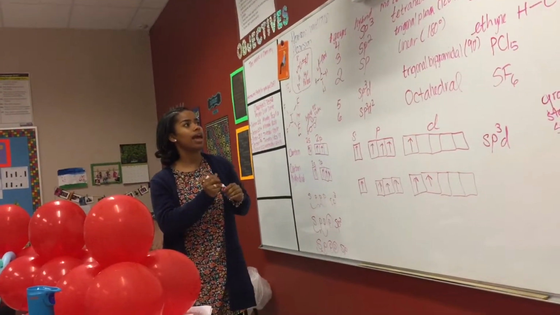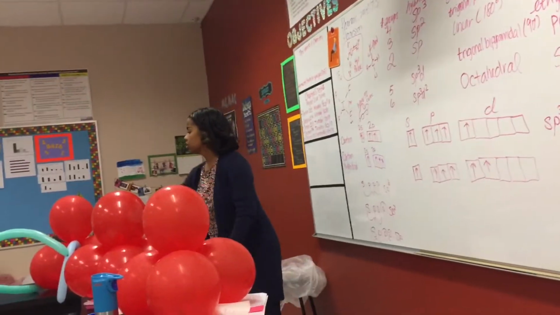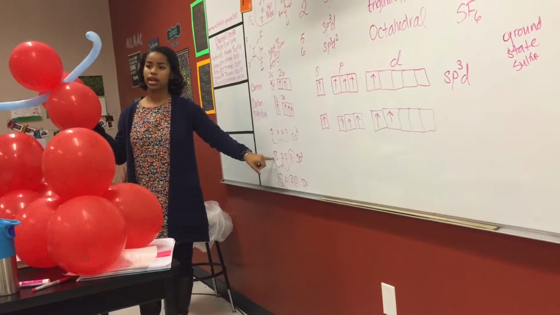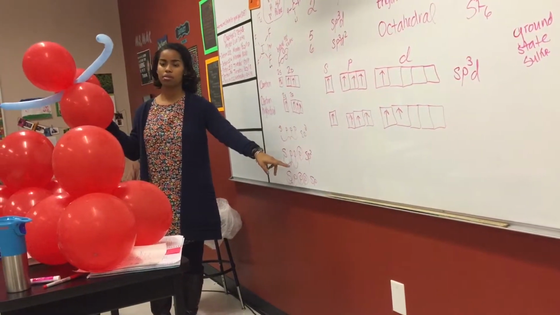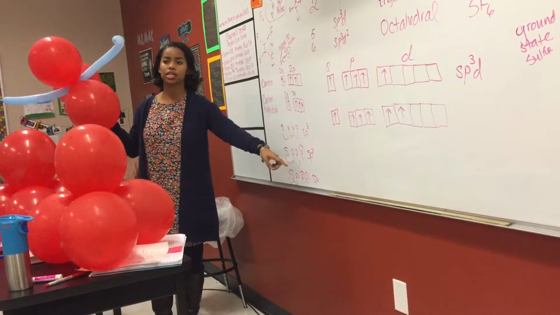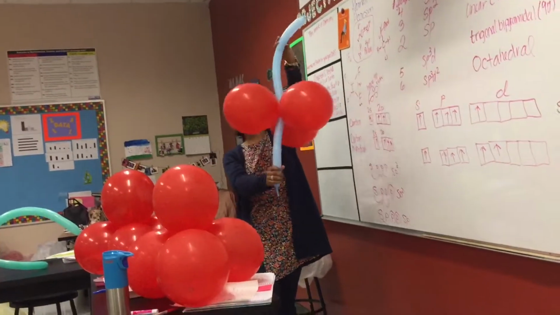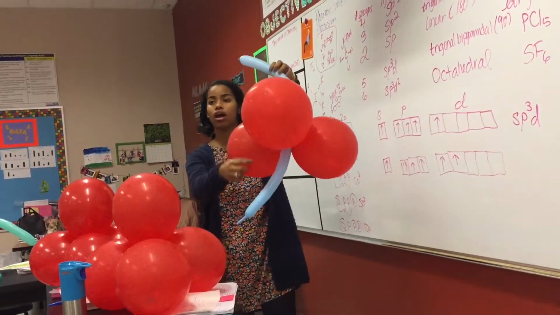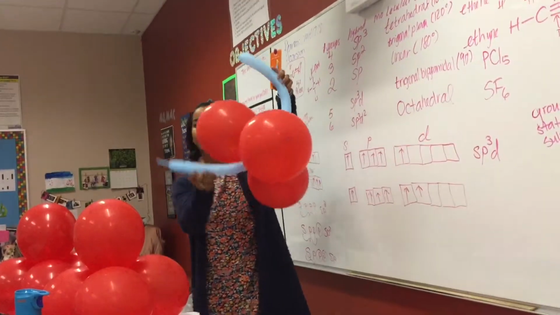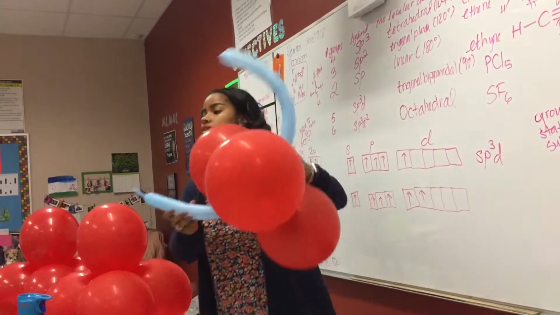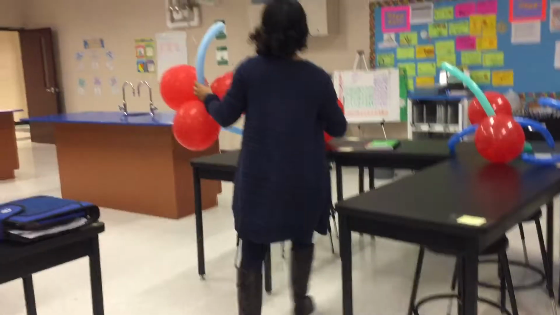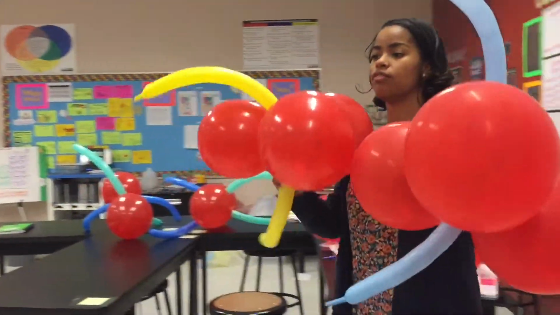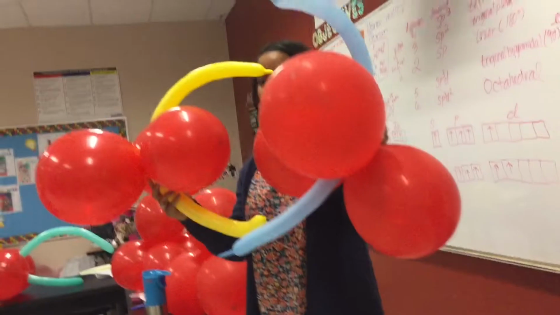If I have sp2, remember I've got 1 s and 2 p atomic orbitals that I hybridize together. I've got 1 p that's unhybridized. That's why I have these skinny balloons. Each of the red balloons is an sp2 electron, and this is my unhybridized p orbital. If I take another sp2 hybridized carbon, I form a sigma bond in the middle, and then form a pi bond by overlapping the balloons above and below.